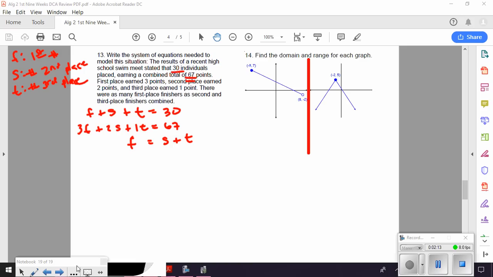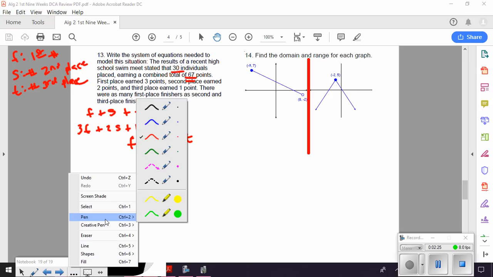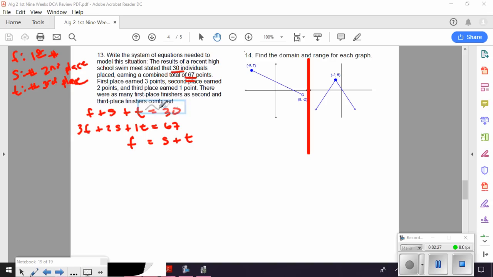It doesn't say solve it, so we're going to leave it as is. If it did say solve, you would have to take the third equation and put it in standard form by canceling out S and T on that side and bringing it over to the other side.